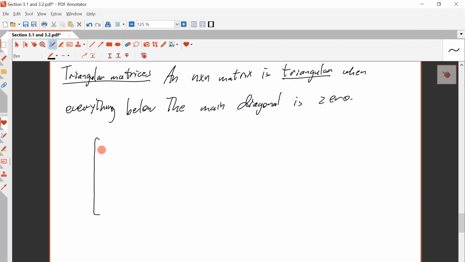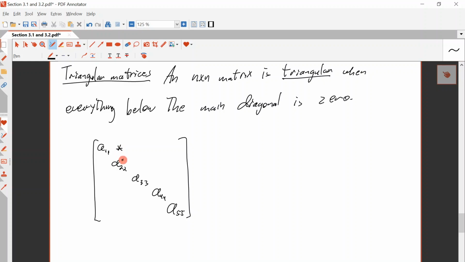So it looks like this: A11, A22, A33, A44, A55. So this is a 5 by 5 triangular matrix.